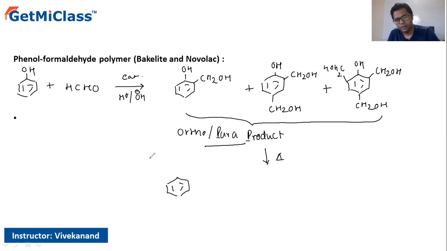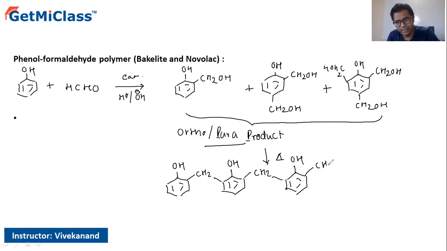CH2, here we have an OH, here we have CH2, this connects further to another benzene system, this gets connected to OH, CH2, here it again gets connected to OH, here it gets connected to CH2, and this particular system goes on continuing like these.